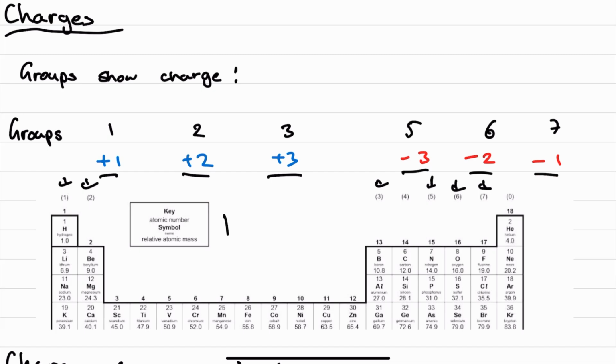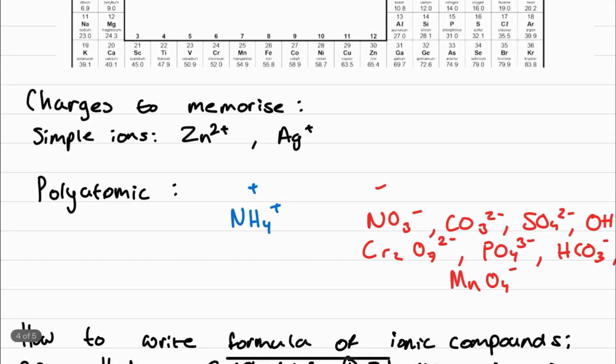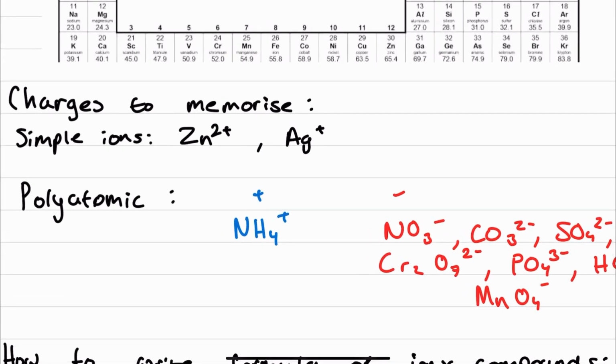So that's H+ for hydrogen as an ion. That's magnesium 2+ as an ion. That's boron 3+. That's oxygen 2-, and so on and so forth. Now, there are some charges that you have to memorize for OCR because you're not able to tell them through the periodic table, and you have to just memorize them, really.